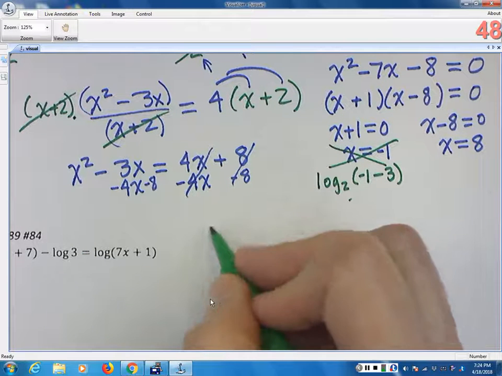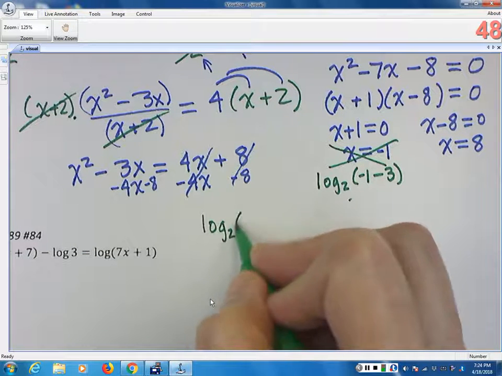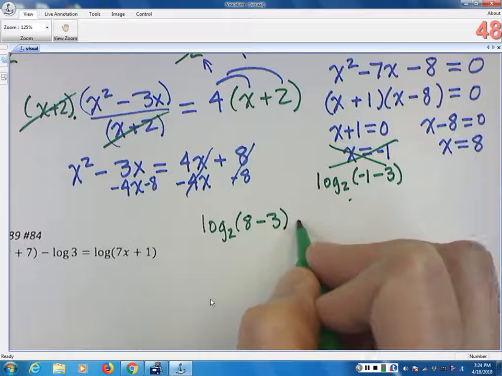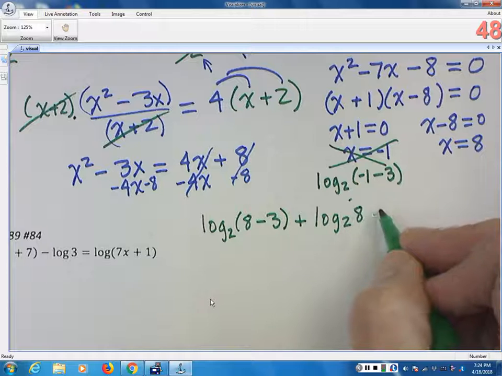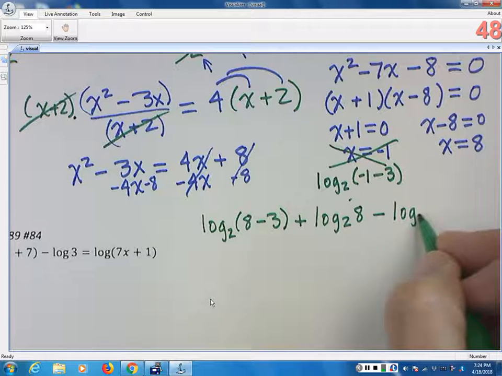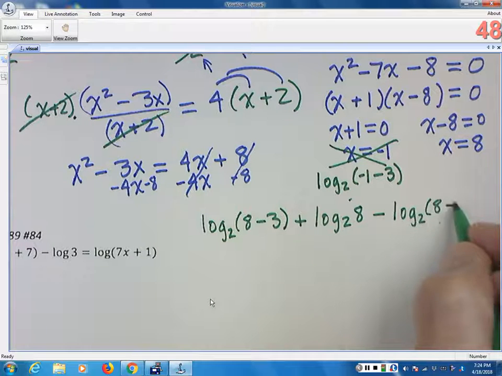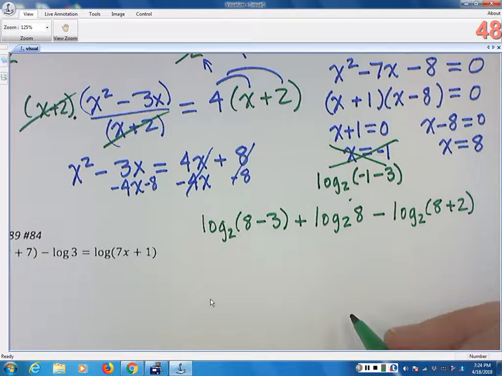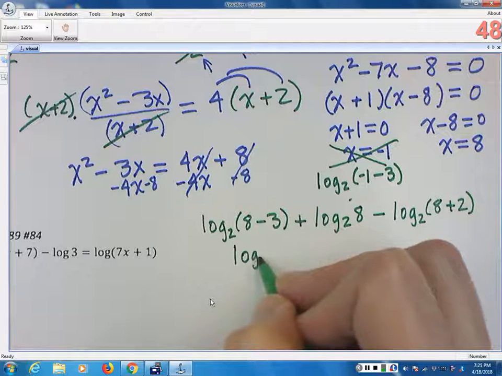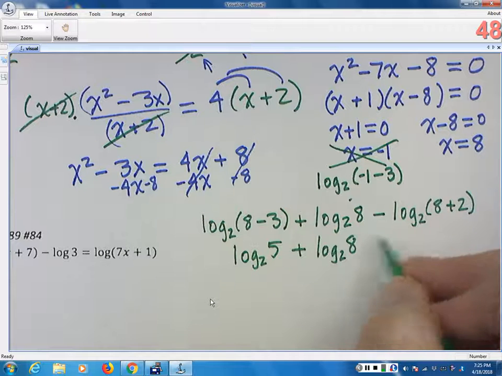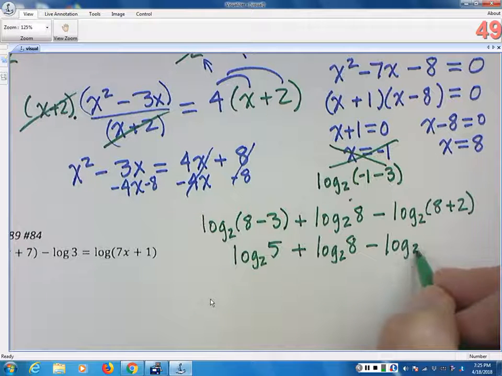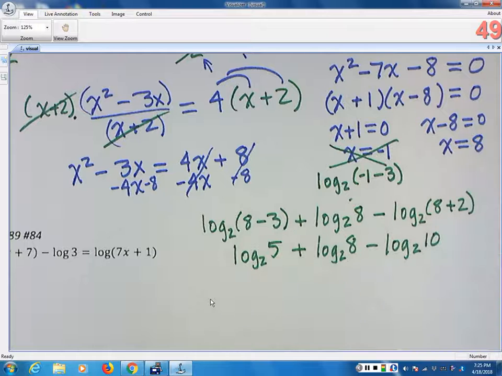Let's put that in. Log base 2 of 8 minus 3 plus log base 2 of 8 minus log base 2 of 8 plus 2. And so that's log base 2 of 5 plus log base 2 of 8 minus log base 2 of 10. And if you guys want to check that to make sure that that is log base 2 of 4.